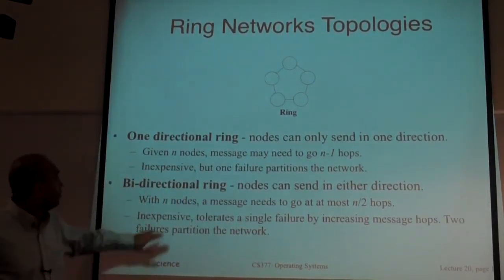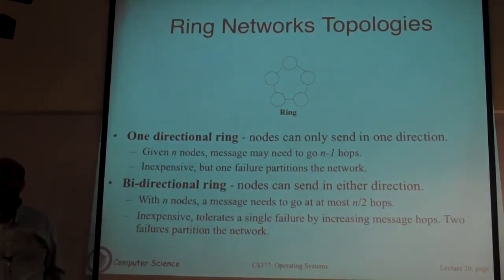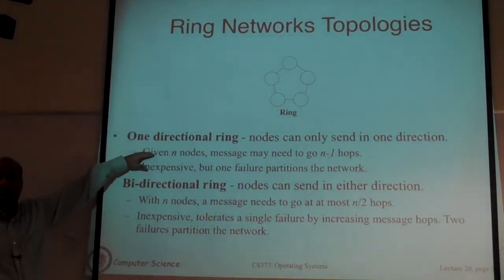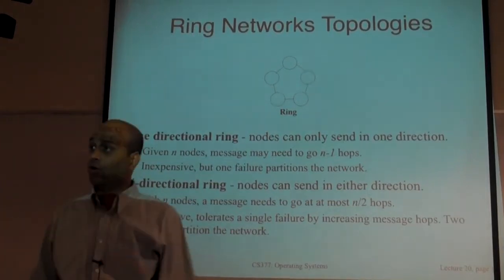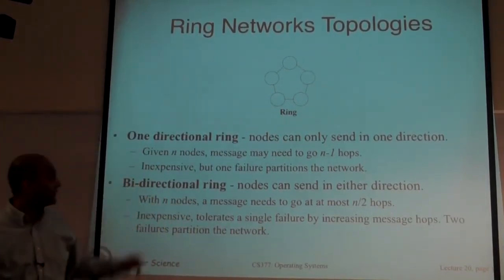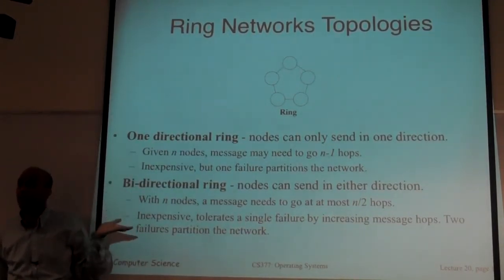So, given n nodes, a message may require at most n-1 hops if you have a unidirectional ring. A unidirectional ring says messages can flow either clockwise or anti-clockwise. You have to pick one, and that's how the messages will travel. So in this case, on average, you will have n/2 hops.